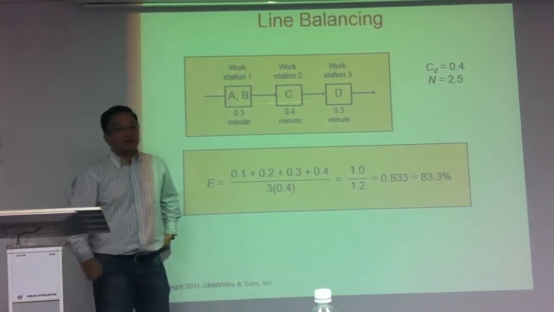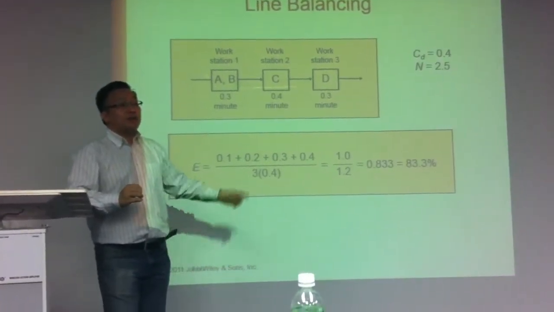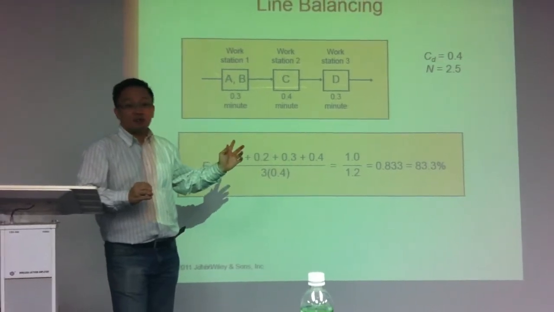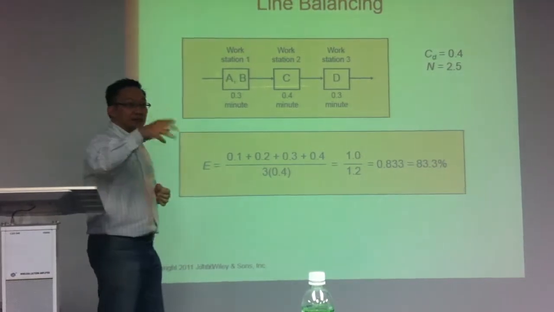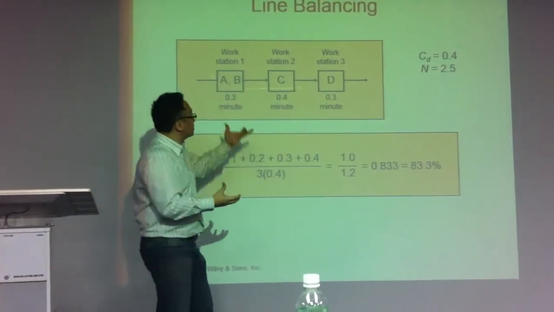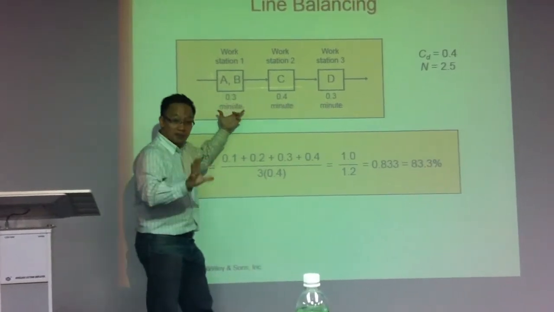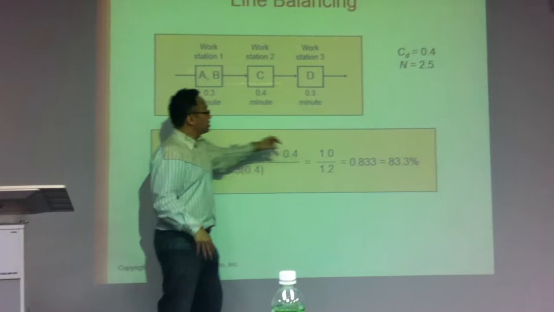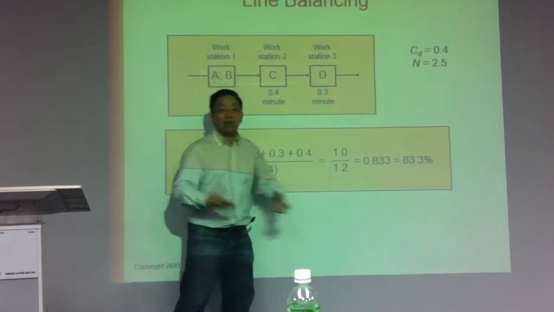Finally, before we finish for today, this is called line balancing. From the words line balancing, what does it mean in English? For people who don't like mathematics, you try to balance equally. Try your best. So if it's 0.7, 0.3, 0.1, is it balanced?